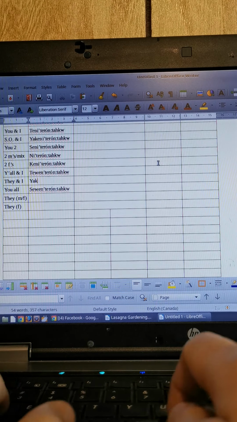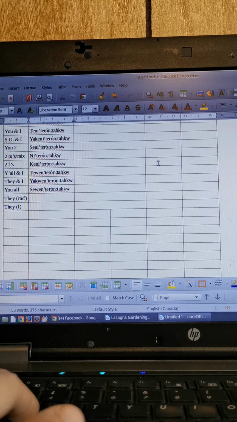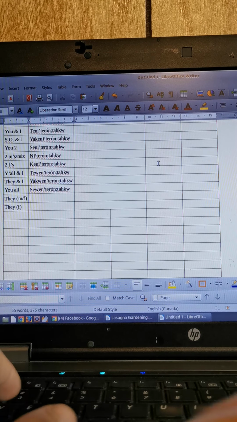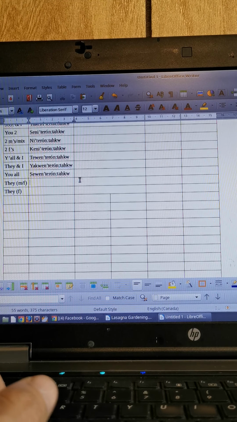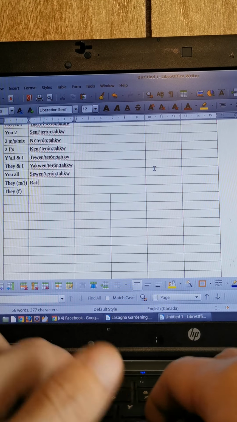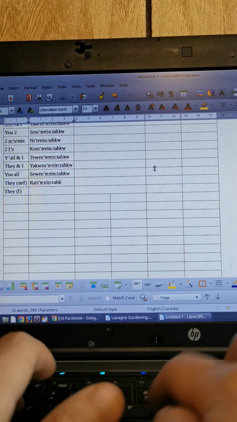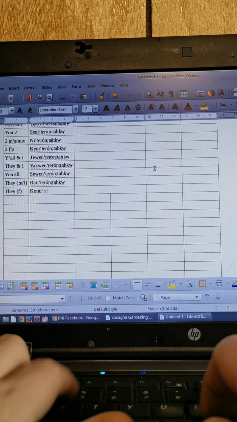They and I. Yagwant derundak. They and I. Let or allow they and I to remain at home. So let us stay at home, excluding the person you're speaking to. They, male and female, let them stay home. Ladit derundak. And let them, females, stay home. Gundit derundak.